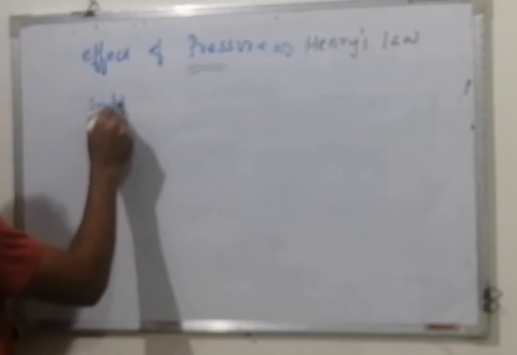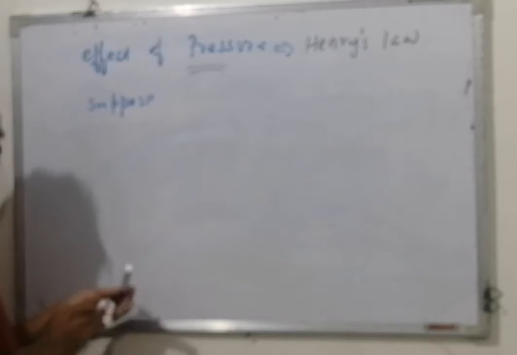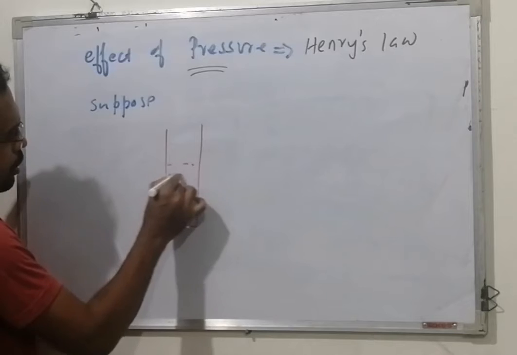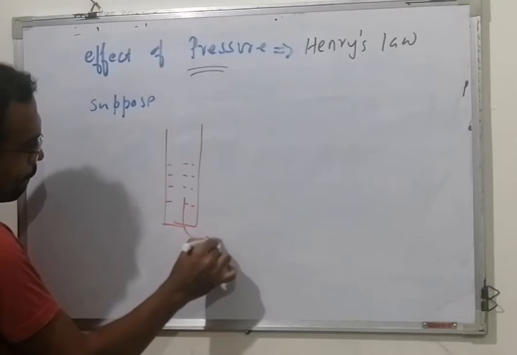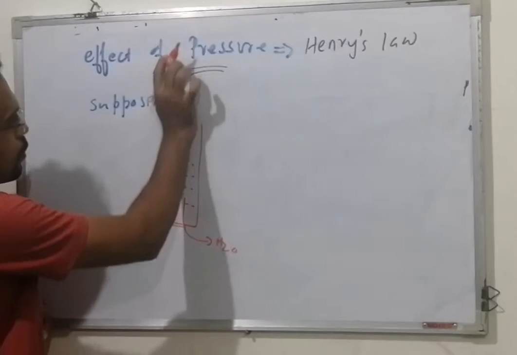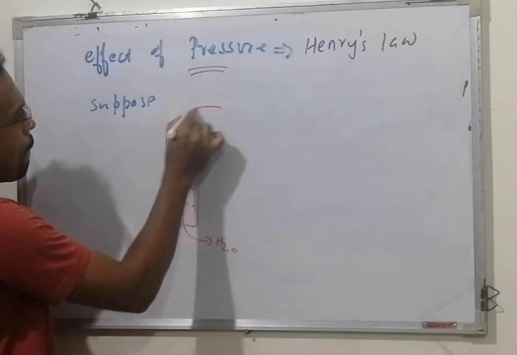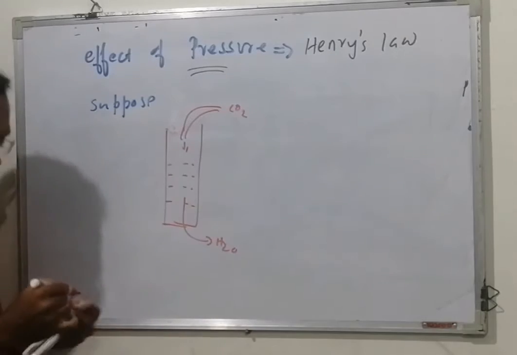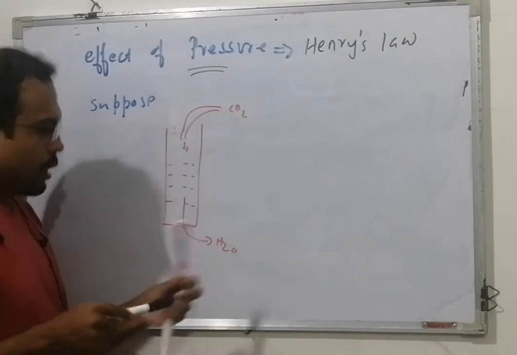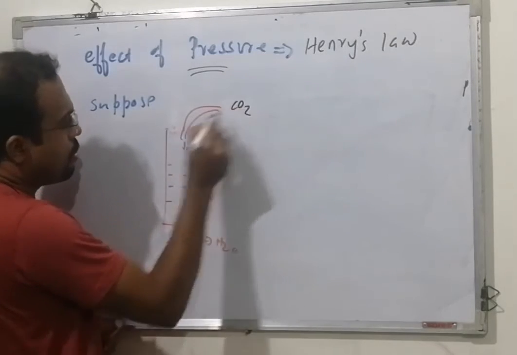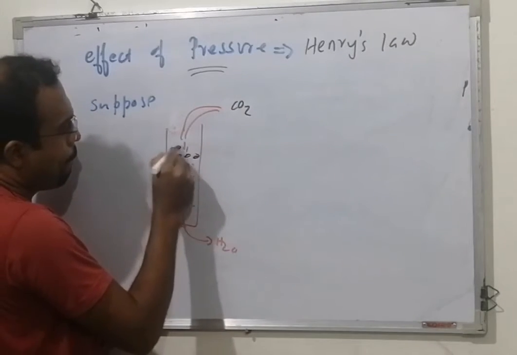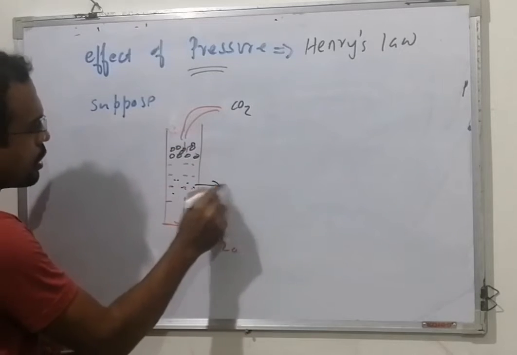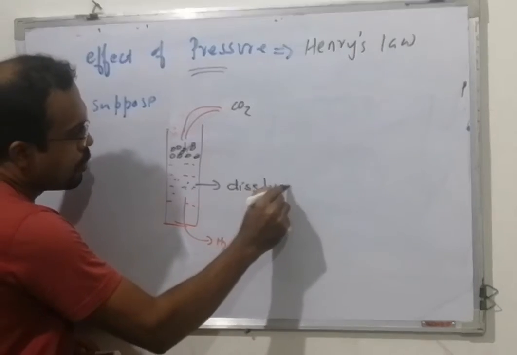Suppose you have a bottle of water. You want to fill carbon dioxide. You want to fill the carbon dioxide here. This is dissolved carbon dioxide.